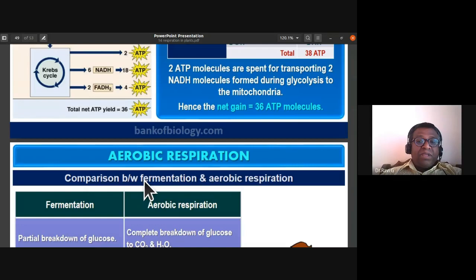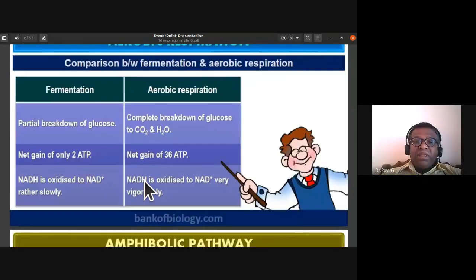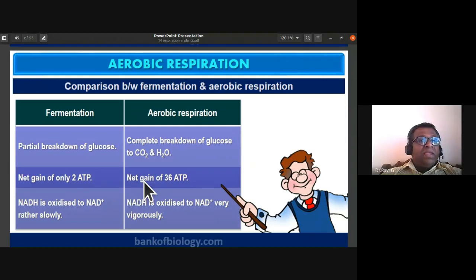Now let us compare fermentation and aerobic respiration. Fermentation is a partial breakdown of glucose. Aerobic respiration, on the other hand, is a complete breakdown of glucose into carbon dioxide and water. There are different types of fermentation, alcoholic fermentation and lactic acid fermentation.